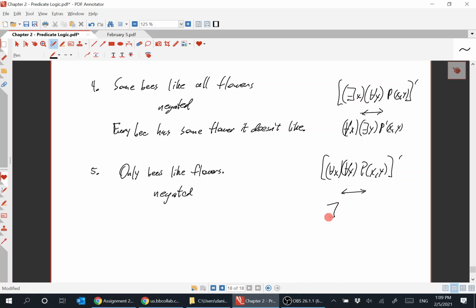There exists an x, there exists a y, not P. Again, let's not worry too much about what the logical structure of not P is going to be, but it's going to be a doubly existential statement.